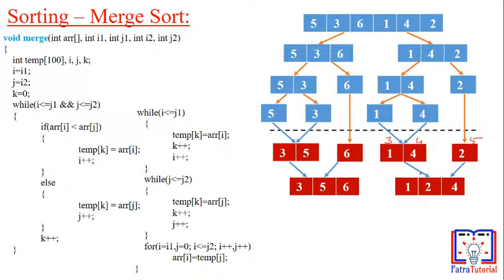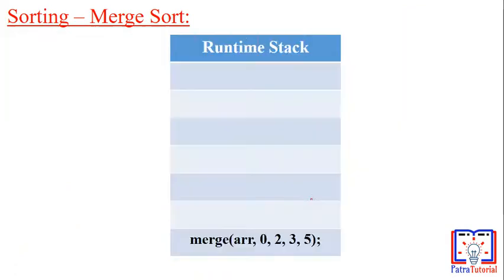So again look at the runtime stack. What is the next instruction to be executed? That is the final instruction: merge ARR of 0 2 and 3 5. This will combine two sublists. The starting index of the first sublist is 0 and its end index is 2, and the starting index of the second list is 3 and its end index is 5.